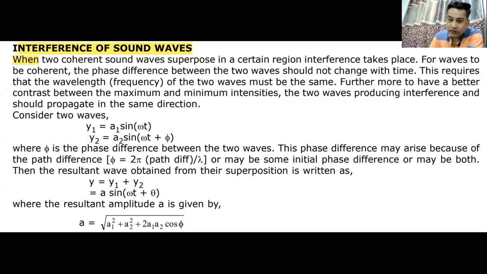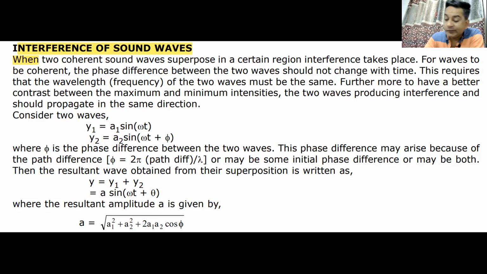When you have two sound waves traveling in the same direction, having the same frequency and nearly the same amplitude, when they superimpose, at some points we have high intensity or constructive interference, and at some places we will have low intensity or dark fringes or destructive interference. This phenomenon is interference.